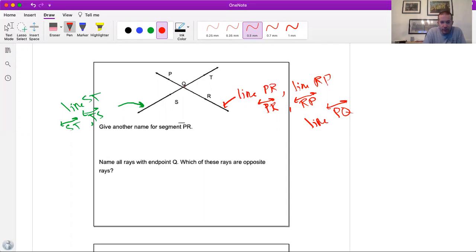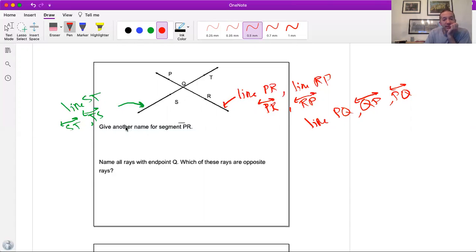So PQ, and as long as there's a double arrow, it's still going to denote the same line. Or I could call it QP. I write the word line there, so I don't have to write the arrows. There's lots of ways to write this line. And the same thing with the green one. I could call it SQ, or TQ, or QT or QS. There's a lot of ways to say it.